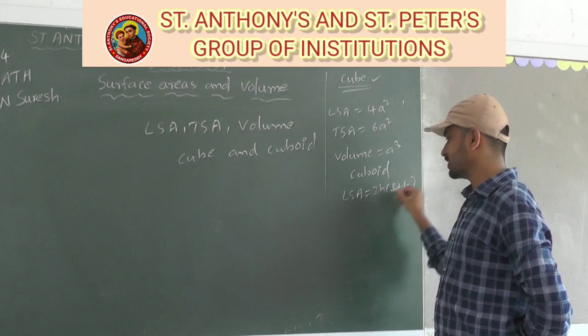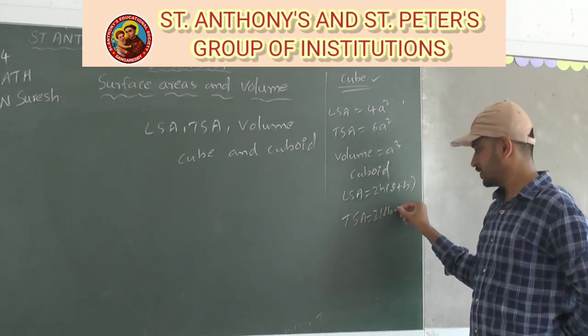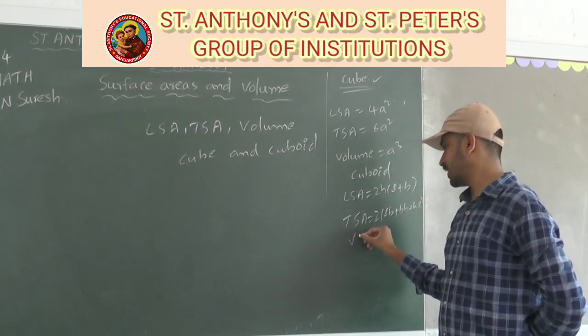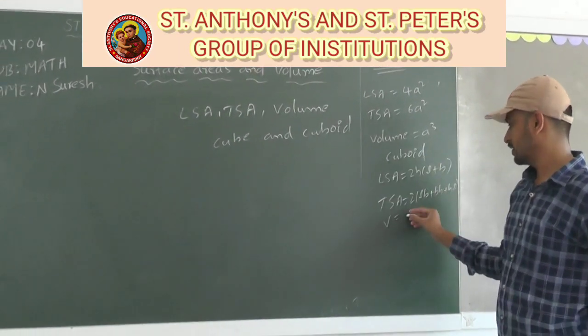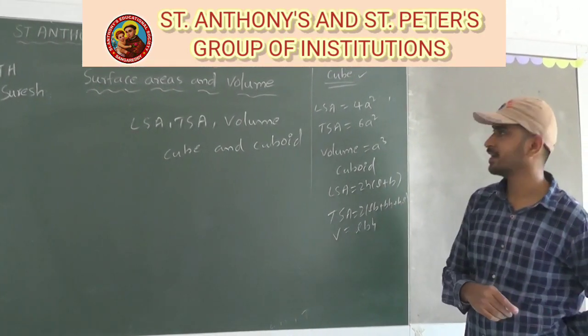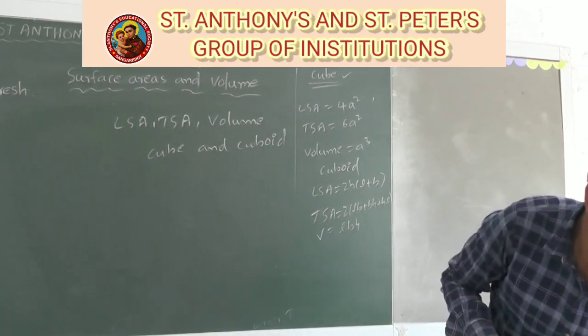TSA equals 2(lb plus bh plus hl). Volume equals l into b into h. These are the formulas related to our cube and cuboid. Now you will see some problems in our textbook.